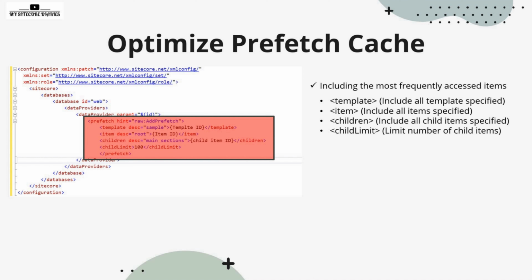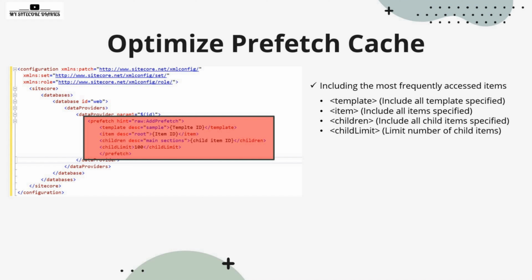As you know, in the last video we discussed that the prepage cache slows down the start of the application. Initially it is getting built, so if you do not want to delay the start of your application, then you want to limit the cache size.